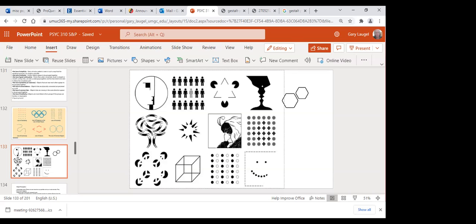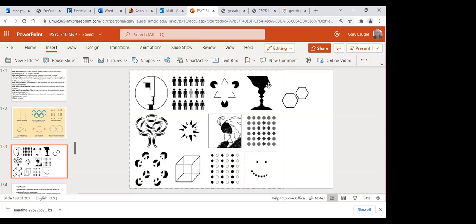Notice that this is the figure-ground principle. The figure stands out against the background. So the figure is closer to you and the background is further away.